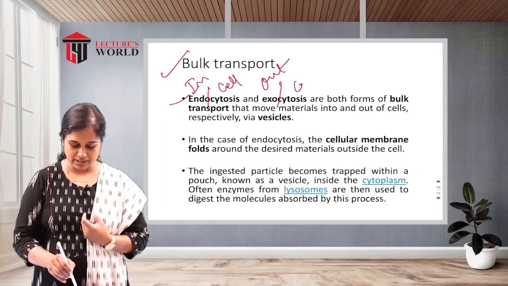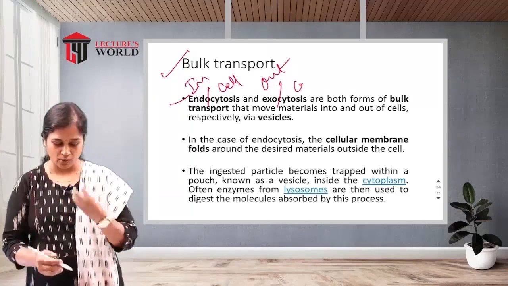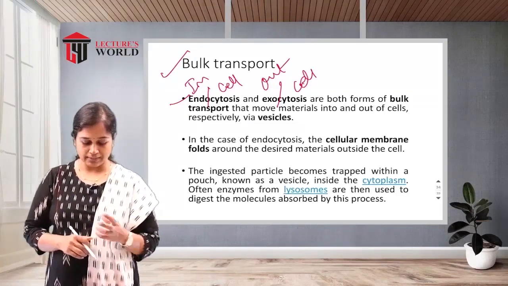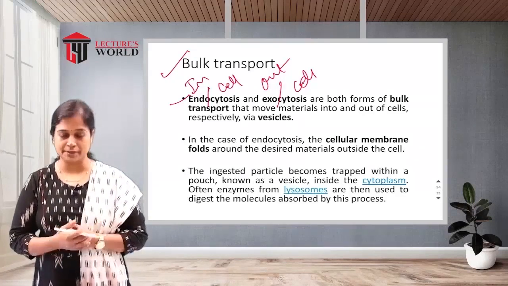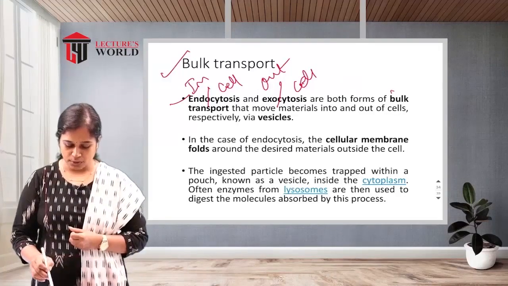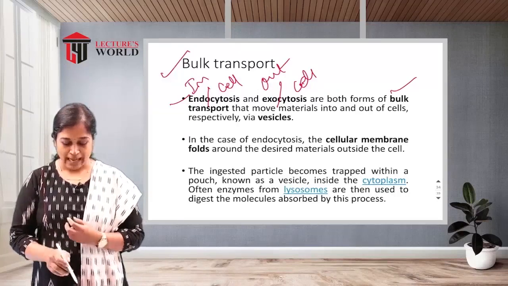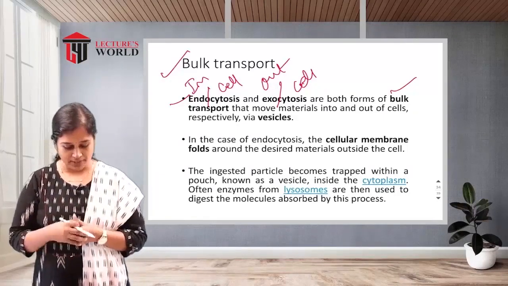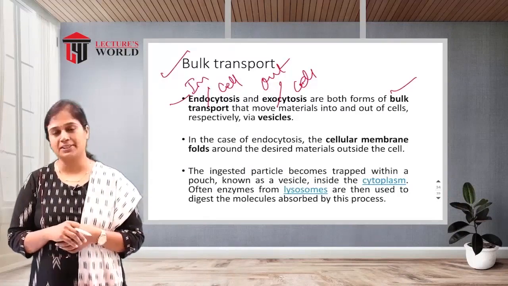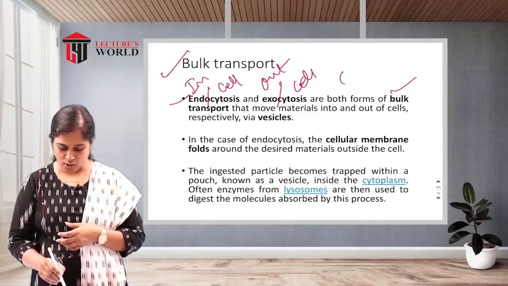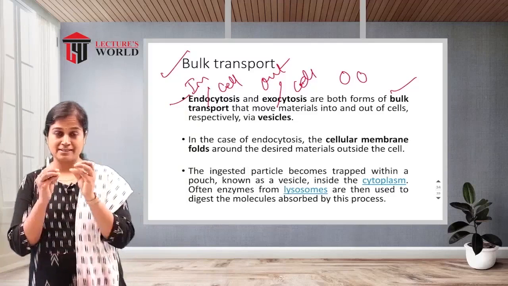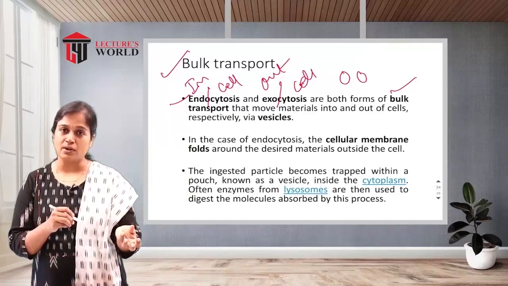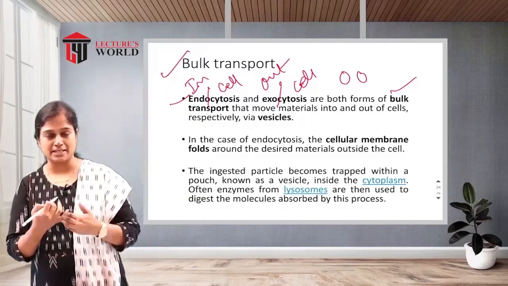Endocytosis and exocytosis are both forms of bulk transport, and they move material into and out of the cells respectively via vesicles. These are small vesicles which carry the substances, expel them out of the cell and bring them inside the cell.